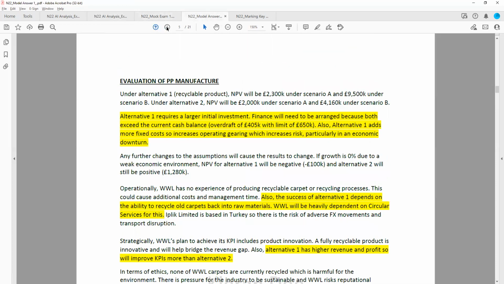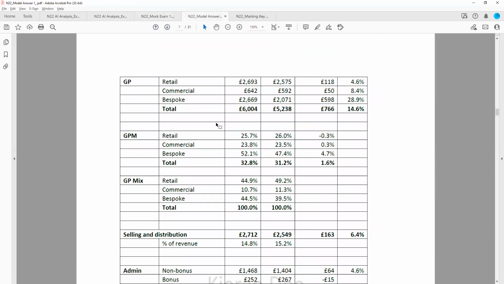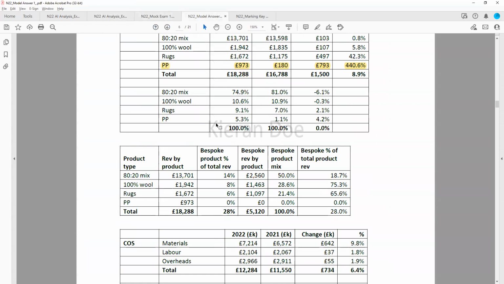The calculation for this was covered in detail in the AI, but we could then do some further analysis and see the bespoke revenue by product and even use that to calculate product mix for bespoke. And even look at the bespoke percentage of total product revenue.